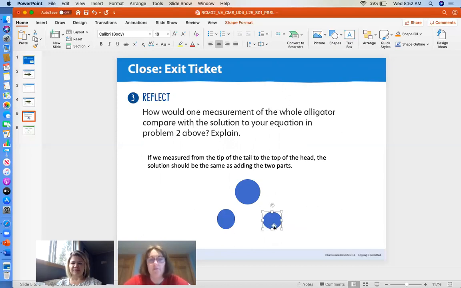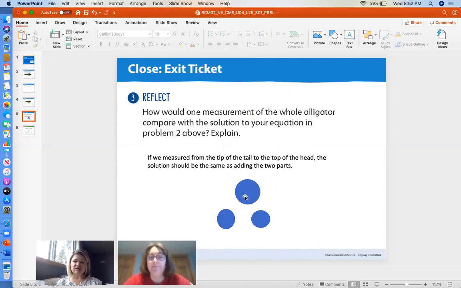My circles aren't going to be perfectly matched because I couldn't get it to paste this time, but there you go. So the tail plus the body equals the whole, which is exactly what we did. So this is another model or diagram that we could use in order to show our work.